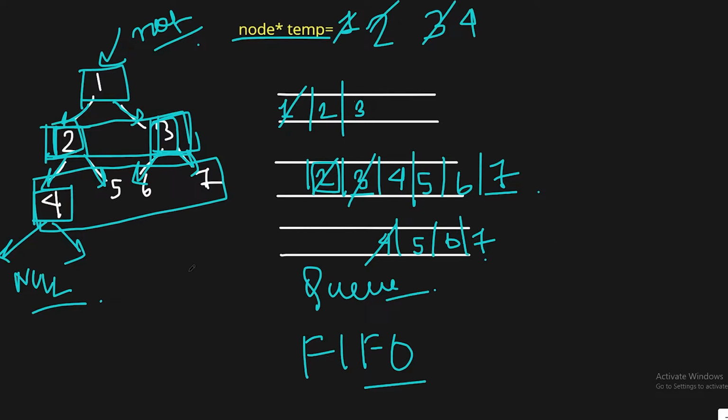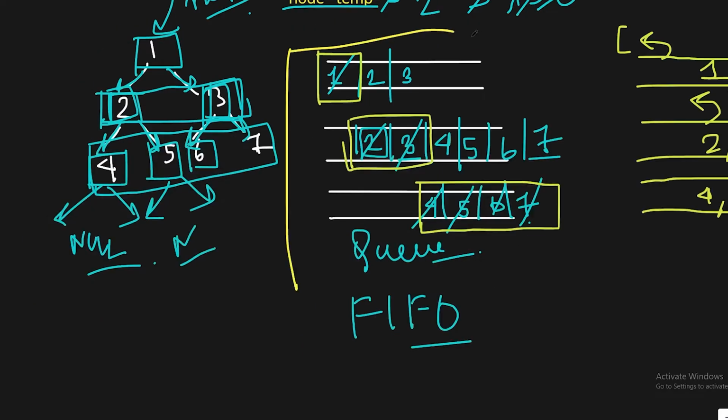Now the pointer shifts to 5, and we check that nothing is there, it's null again. So 5 gets popped out and nothing gets added to the queue. Now the pointer shifts to 6, it's the same thing, we have nothing. And 7, and finally both of them are popped out.